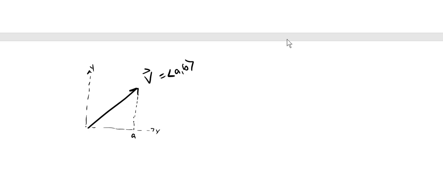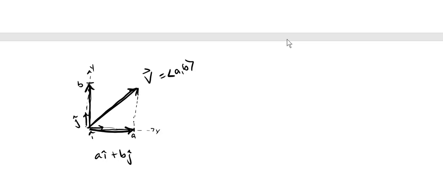The components tell us how far we go in the i direction and how far we go in the j direction, so that ai plus bj, when you add these two vectors, gets back our v vector, right?